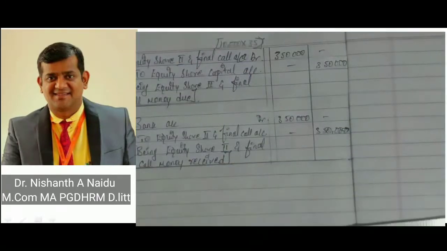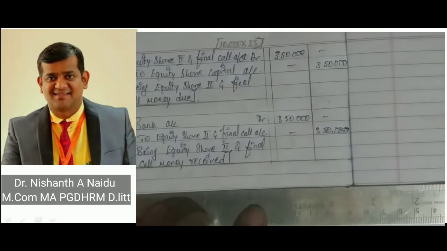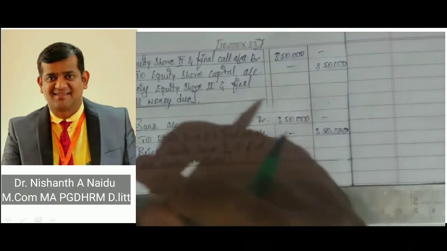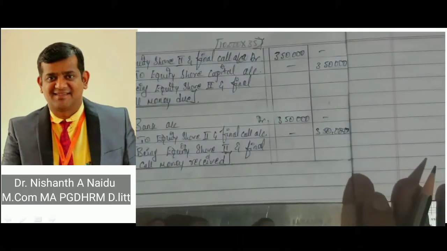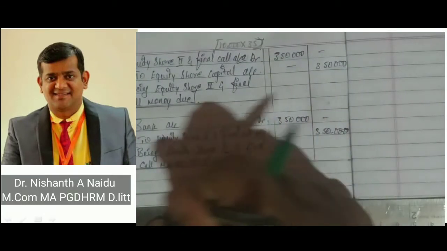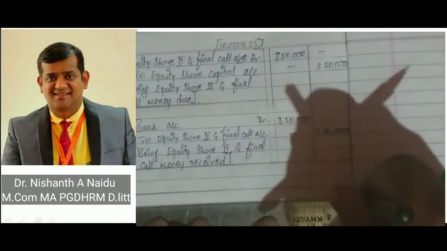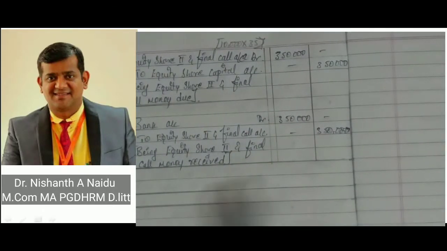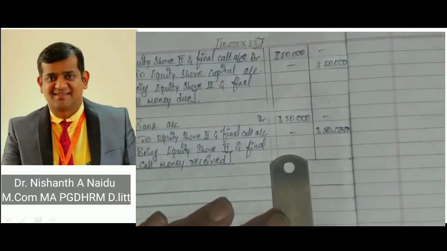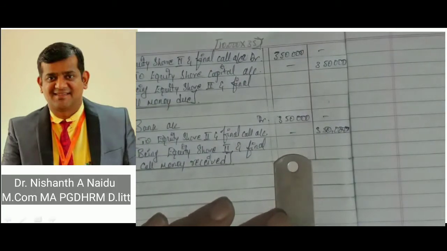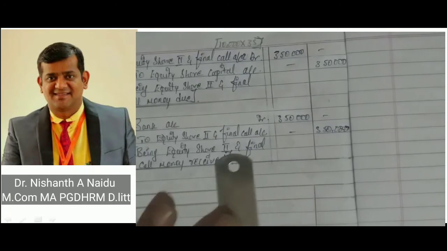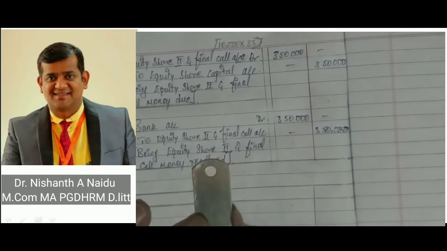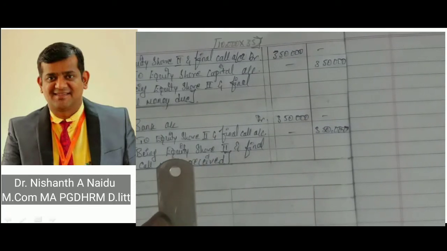Okay. So now let us open a bank account. Bank account I need to open. So I'm drawing 5 lines, more than enough, I believe, for the bank account. So for 5 lines only I am preparing a table.